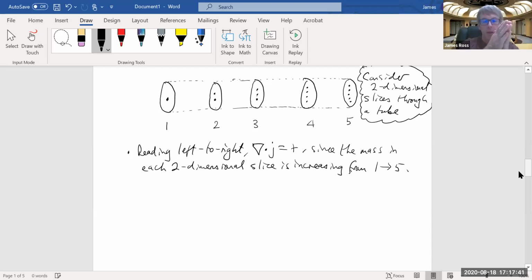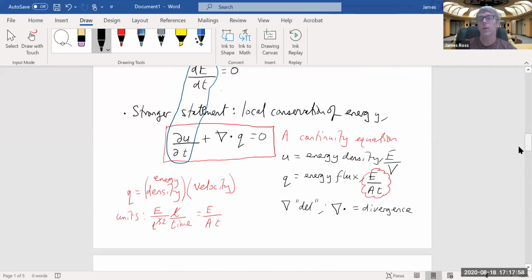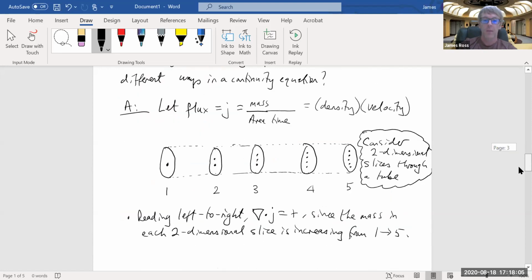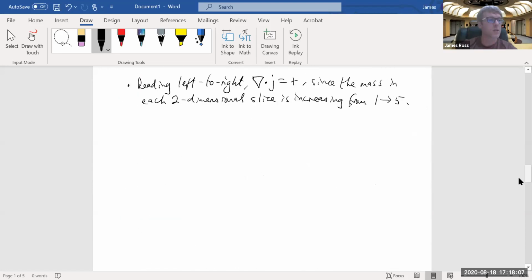You look at slice 1, there's 1 piece of mass, slice 2, 2 pieces of mass, and as you go along, there's more and more and more. So this divergence, this del dot J, we saw in our continuity equation where we had del dot Q, where Q is the energy flux. Here we've got a mass flux, which I've called J. But the idea is that this mass is diverging.